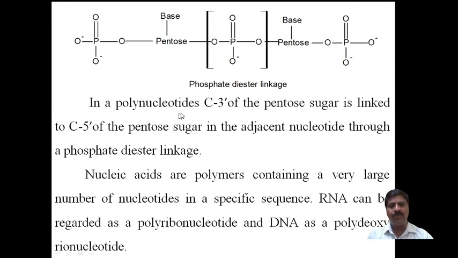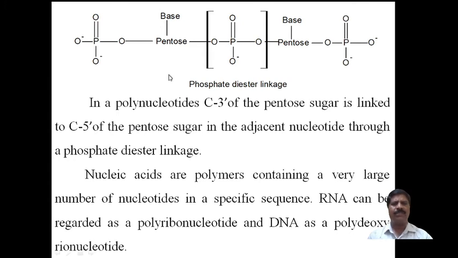Therefore, in a polynucleotide, the C prime of the pentose sugar means 1 prime, 2 prime, and so on; it is indicated as the numbering for the pentose sugar, whether ribose or deoxyribose. And 1, 2, 3 are the numbering for the nitrogenous bases like adenine, guanine, cytosine, thymine, and uracil.